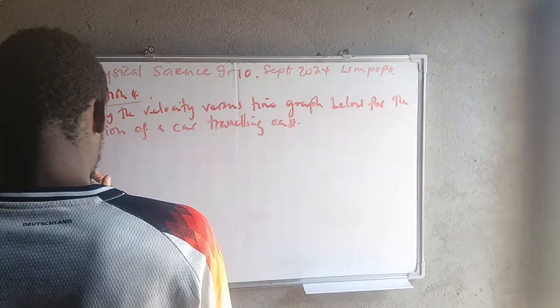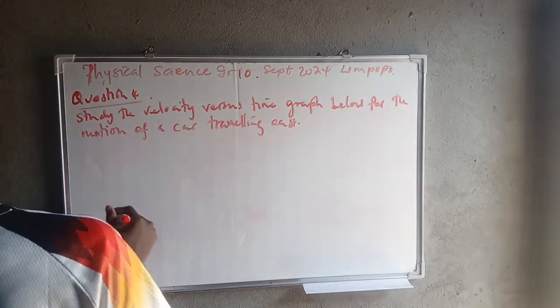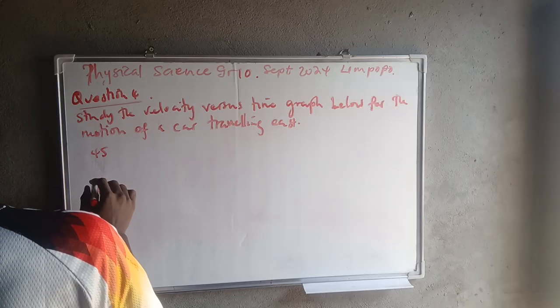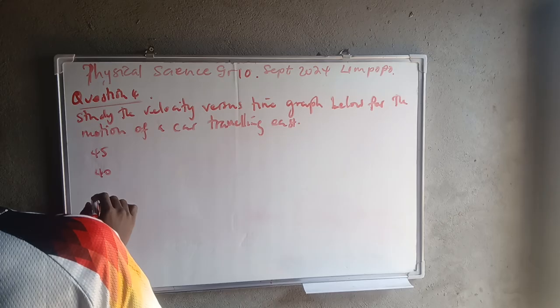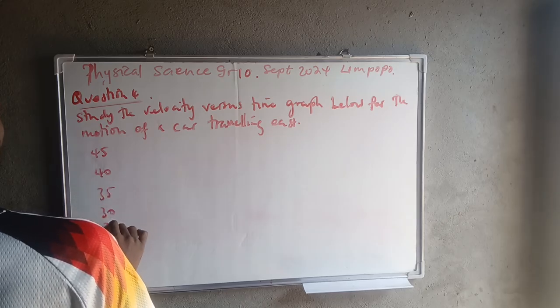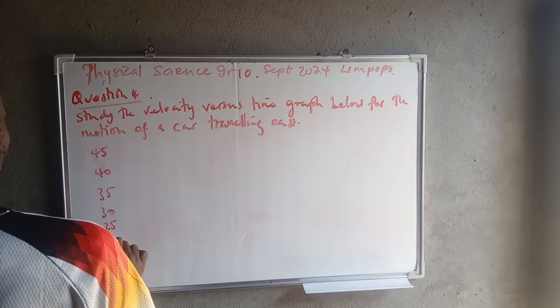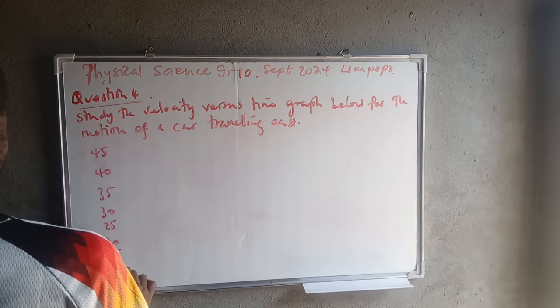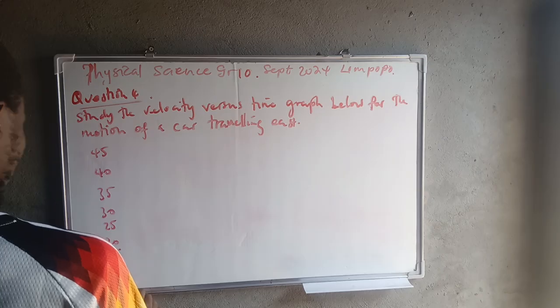So here we have 45, 40, 35, 30, 25, 20, 15, 10, 5, then 0.